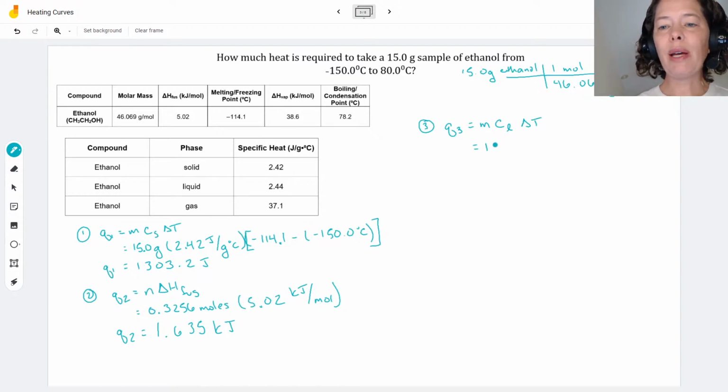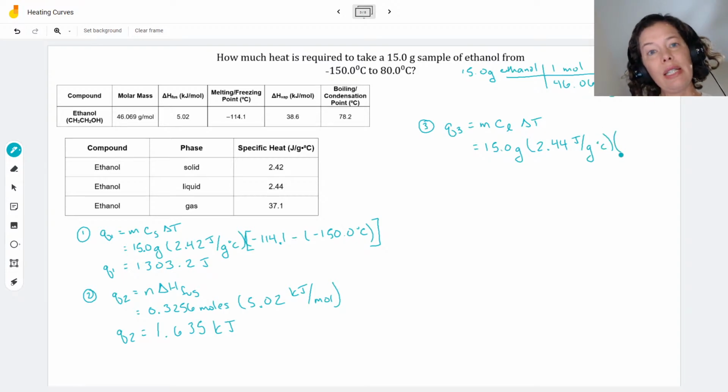All right, I have my mass. That is 15 grams. My specific heat for liquid is 2.44, and that is joules per gram times degrees Celsius.